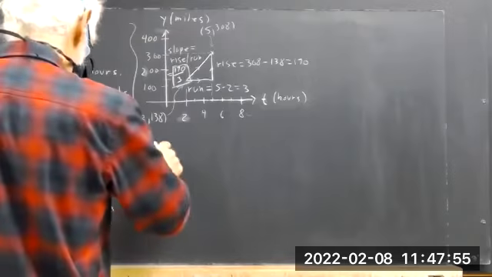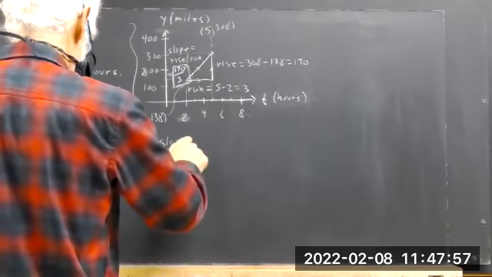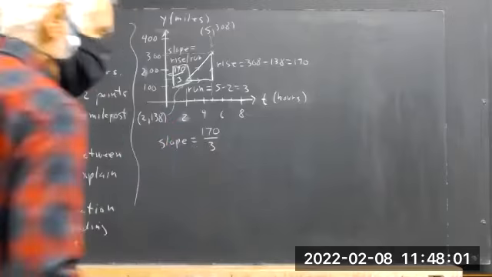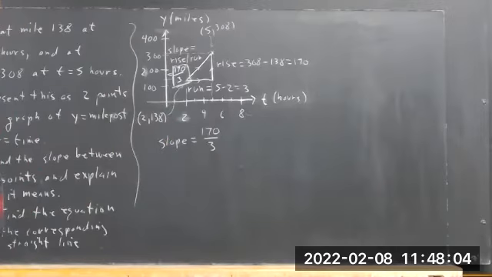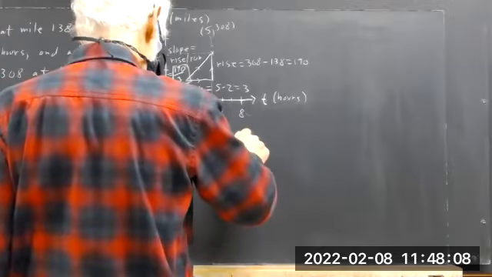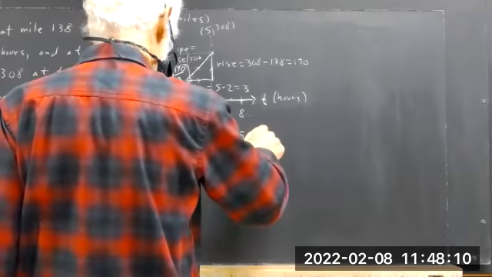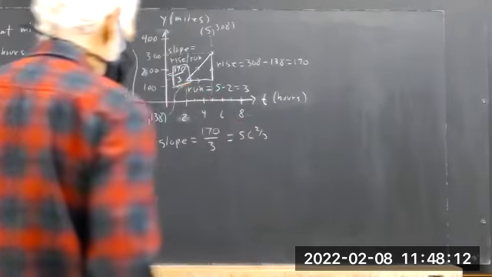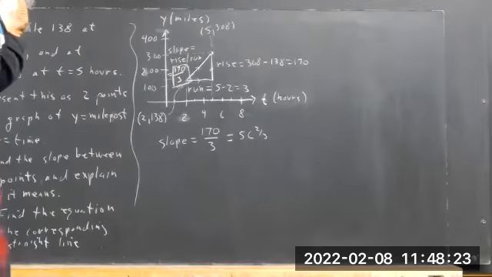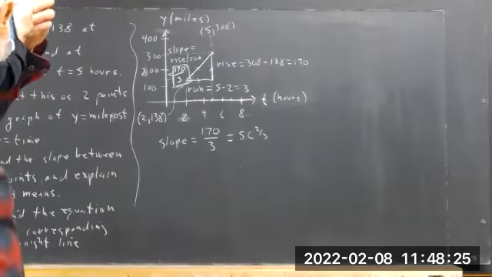Okay, so now we see the slope is 170 over 3, right? And that's what? That's 56 2/3 if you want to do it. Again, if brain fog didn't cause me to calculate that incorrectly. Yeah, that's right.